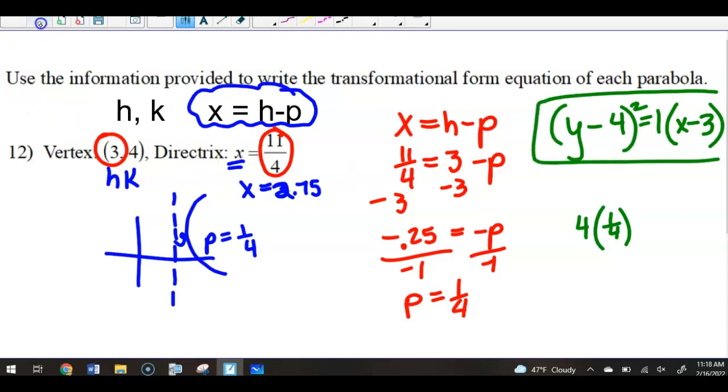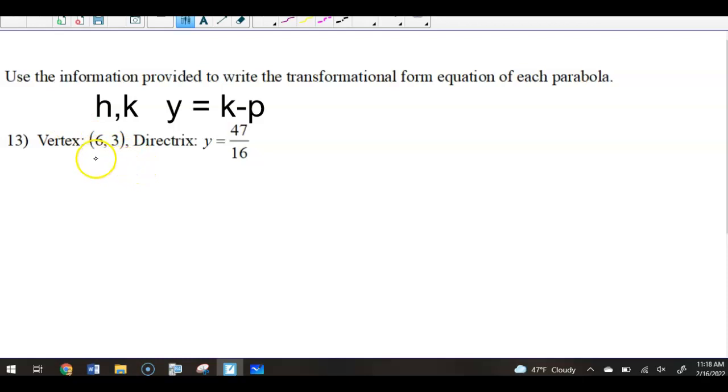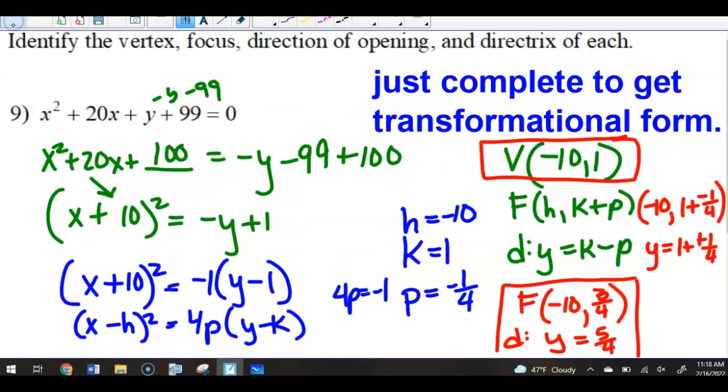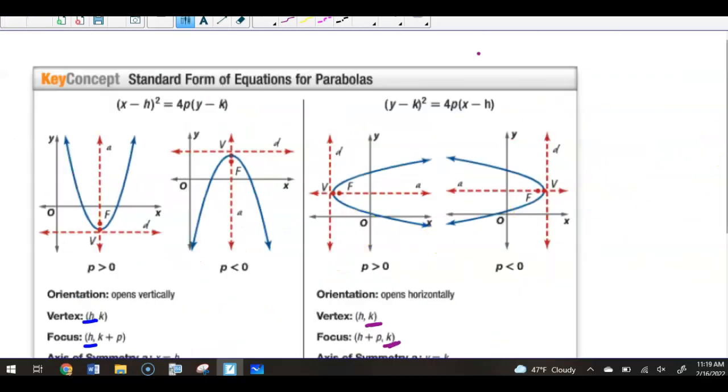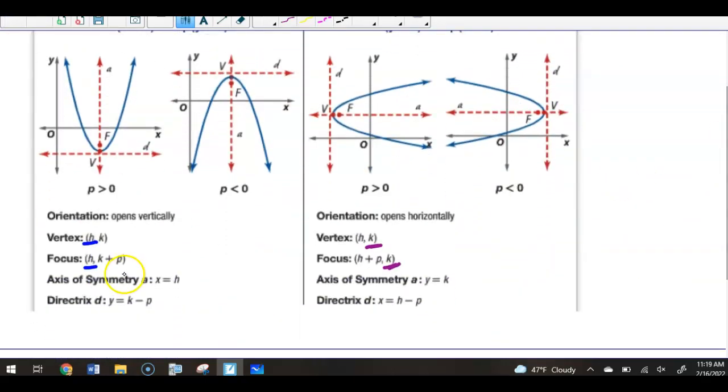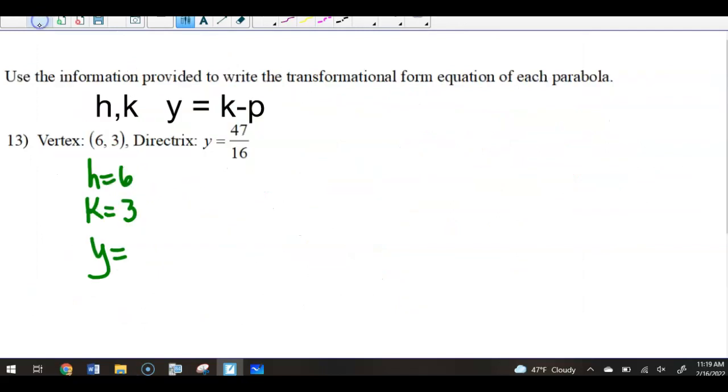All right, last one, I think. This is h is 6, k is 3, and the directrix is a y equals equation. So it's down here. When it says the directrix is y equals, then you know it's opening up or down. And the equation is k minus p for that.